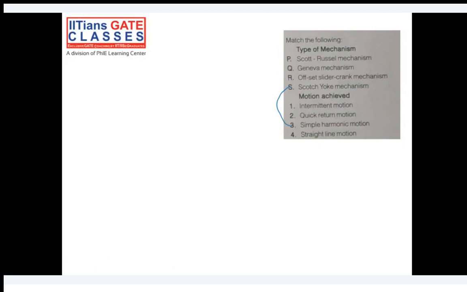So this you already know, so accordingly you can choose the correct one, whichever is given. But for your information, the Scotch yoke is straight line motion, and Geneva mechanism is for intermittent motion. So this also you should know, for general understanding.